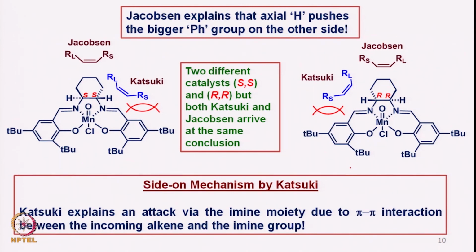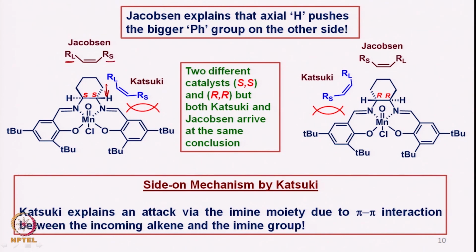Now what is the explanation for such a reaction? Jacobsen has a slightly different view than Katsuki, but both of them arrive at the same conclusion. For example, Jacobsen says, as I mentioned earlier, that this particular hydrogen which is axially oriented does not allow the large R group, that is the larger substituent, on the right hand side.